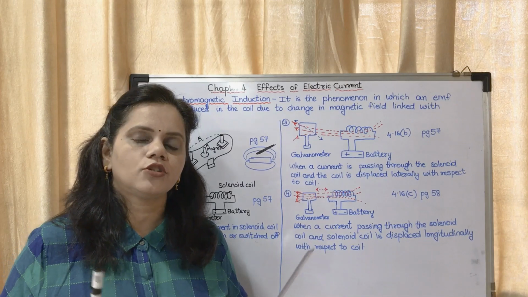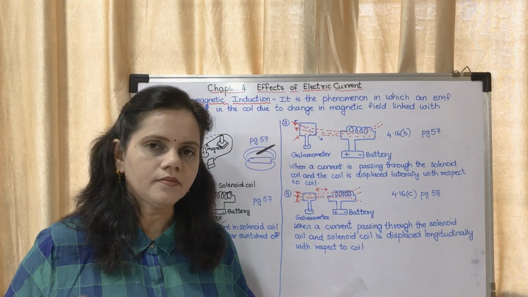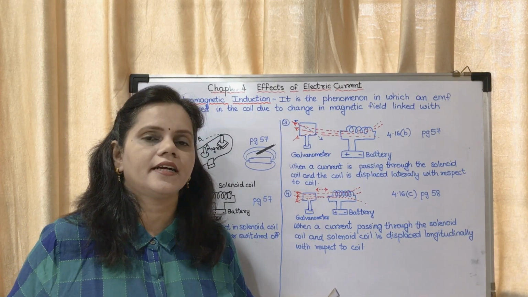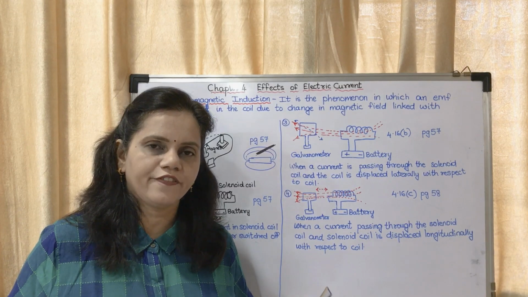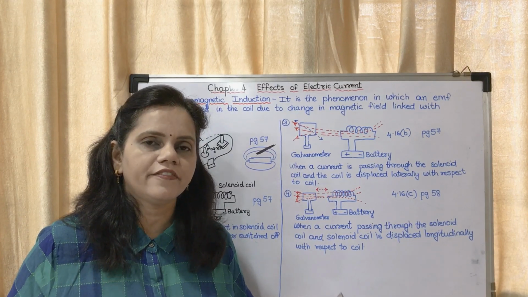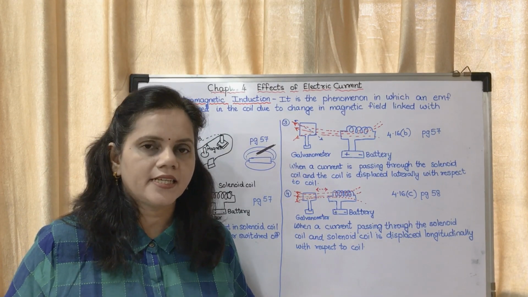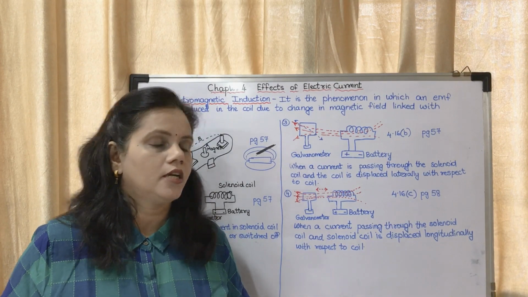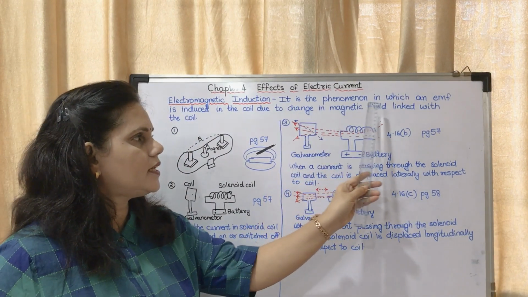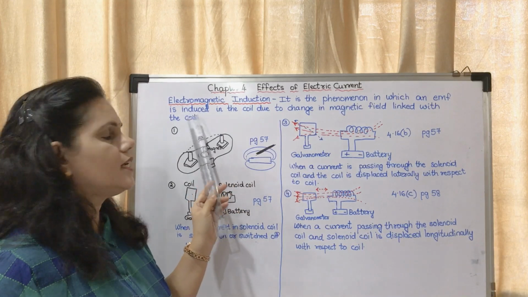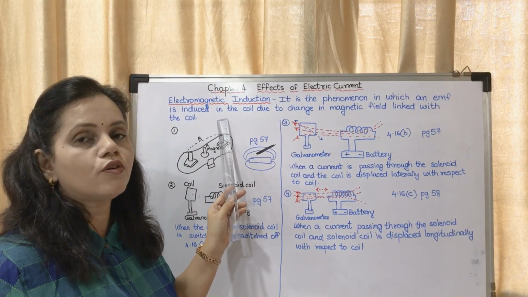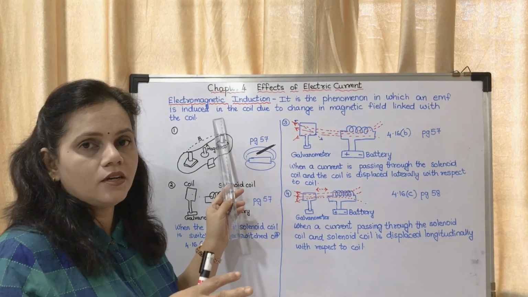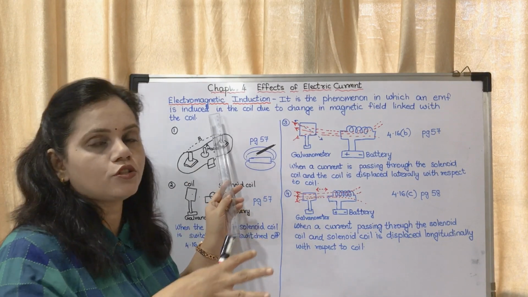So what is electromagnetic induction? If a conductor is placed in a magnetic field and moved, then an EMF or induced current is developed in the conductor. It is the phenomenon in which an EMF is induced, the electrons are forced to move.